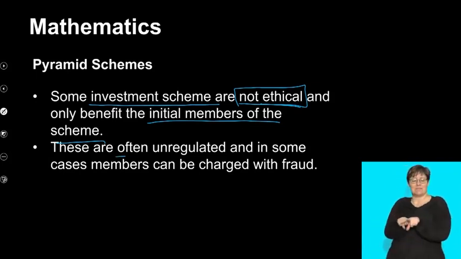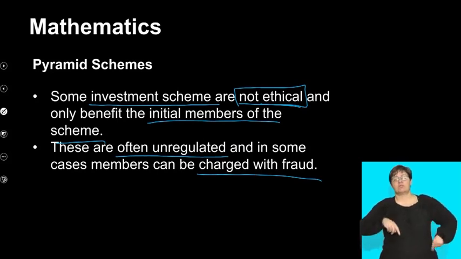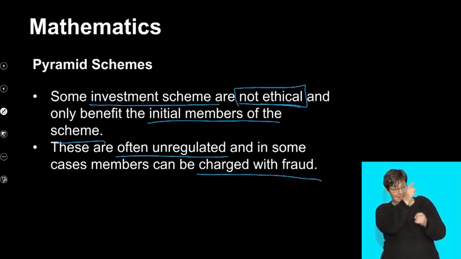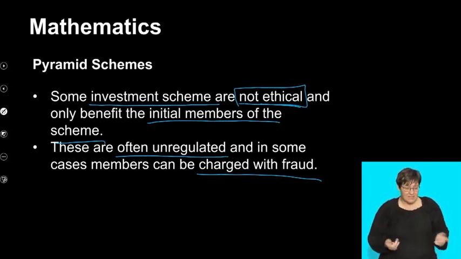And these are often unregulated, and in some cases members can be charged with fraud, because the initial members of the scheme may take the money and decide not to distribute it amongst the other people or something of that sort.